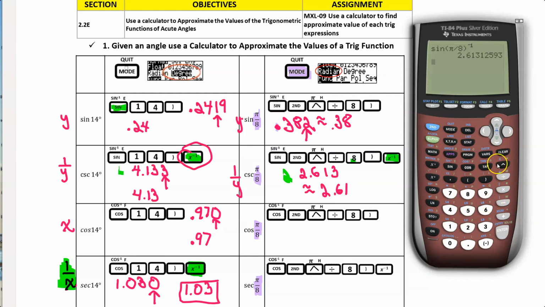Okay, cosine, clear, cosine, pi, divided by 8, close the parentheses, enter. 0.923. The 3 is smaller than 5, so the 2 stays the same.